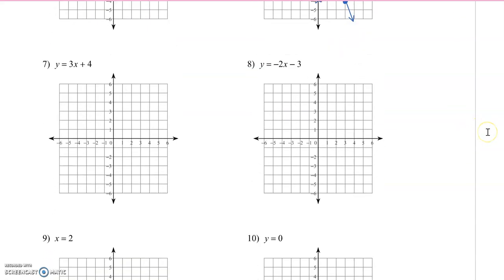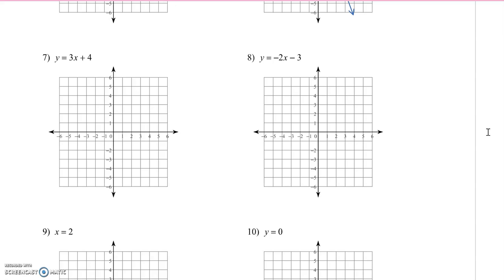All right, so let's try these two. Okay, we've got y-intercept of 4. The slope is 3. This is one of the ones where I can't go up 3 and across 1. This won't fit on my graph.